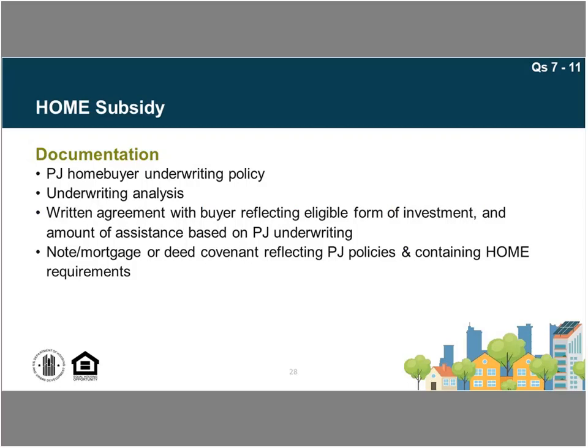You have a written agreement with the buyer that reflects the eligible form of investment and the amount of assistance that you are going to provide based on the underwriting determination. And then separately, you have either a note and mortgage for recapture situations or a deed covenant for resale situations that reflect your policies and contain all of the HOME requirements.